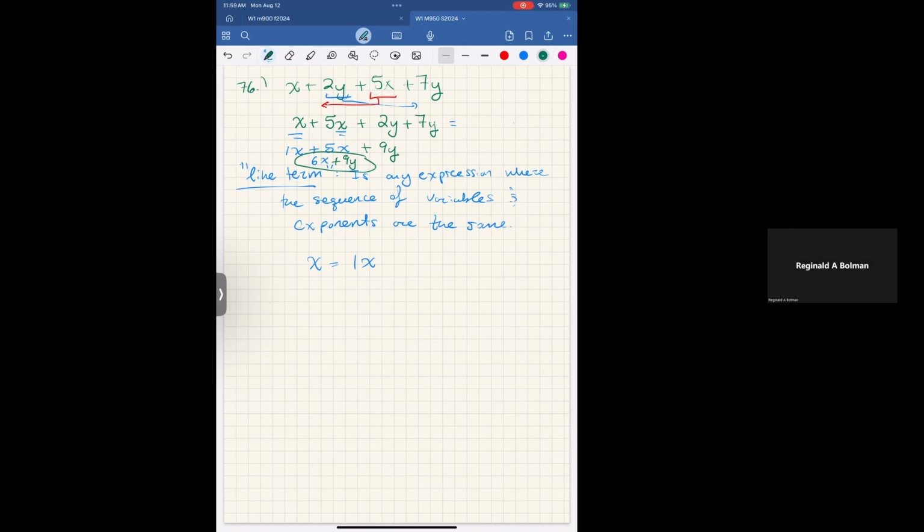Now note that identifying like terms can actually be a little bit tricky for a lot of students. You can have something that looks nasty like tx squared plus 7x squared.